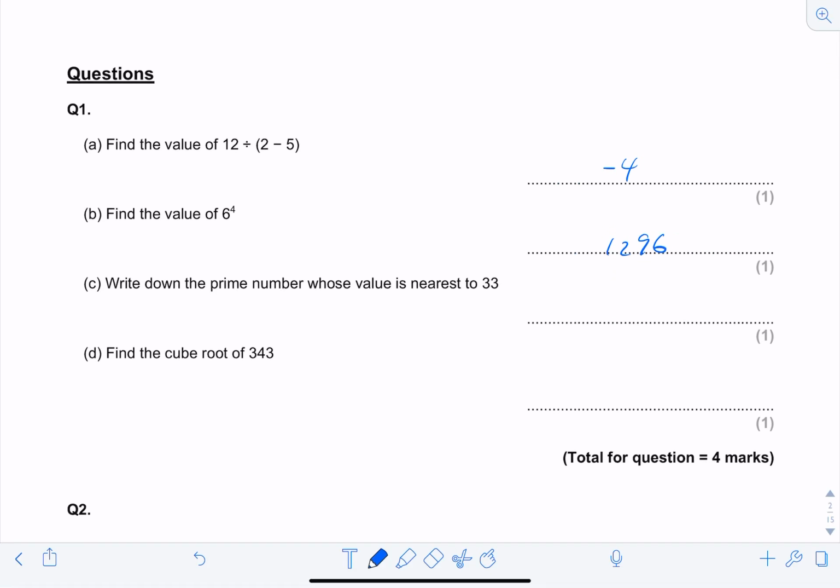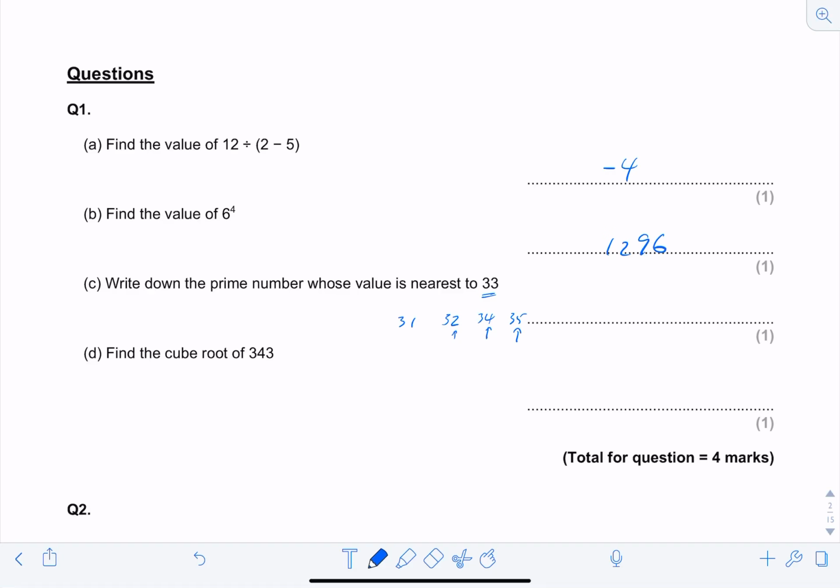Write down the prime number whose value is nearest to 33. Okay, so 33 is obviously not prime. 32 is not prime because it's even. 34 is not prime because it's even. So we're going to look at the next one down, which is 31 and 35. 35 is not prime because of its factors.